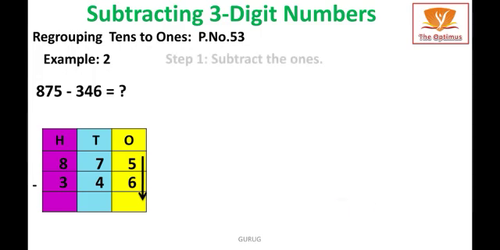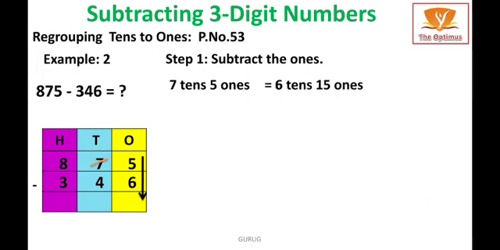Step 1, subtract the ones. In the minuend I have 5, in the subtrahend I have 6, so I am not able to subtract. So I am going to regroup tens to ones. I have 7 in the tens place. I am going to regroup 6 tens plus 1 ten. 1 ten means 10 ones.